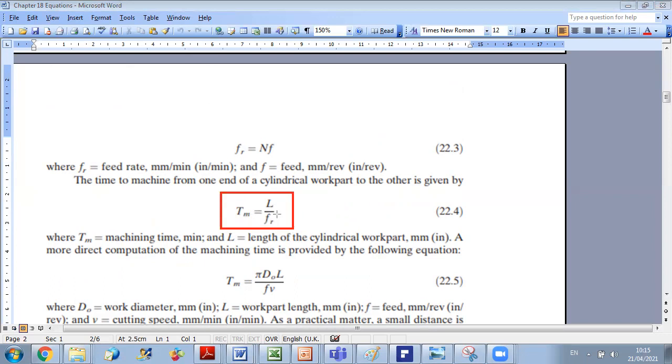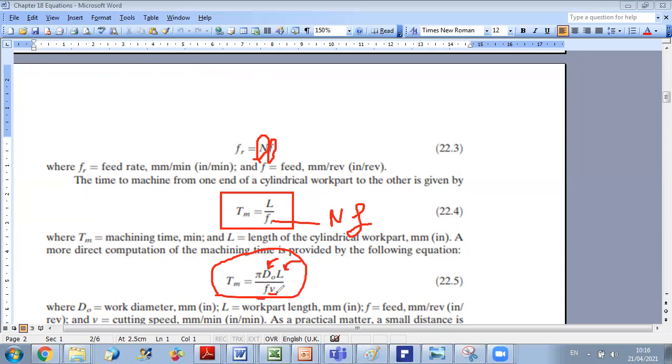Now if we replace fr by its expression as a function of the feed and the rotational speed, and replace n by its expression, which we have developed previously and is related to velocity, pi and d0, it's v over pi d0, we can obtain the machining time as a function of the initial diameter of the work part, its length, the feed, and the turning velocity.